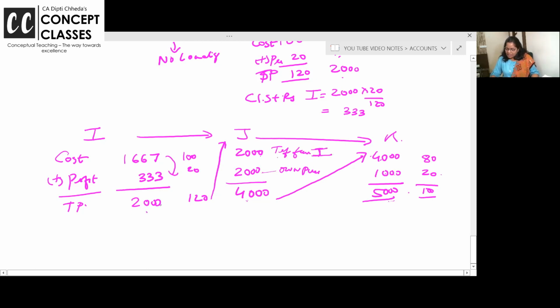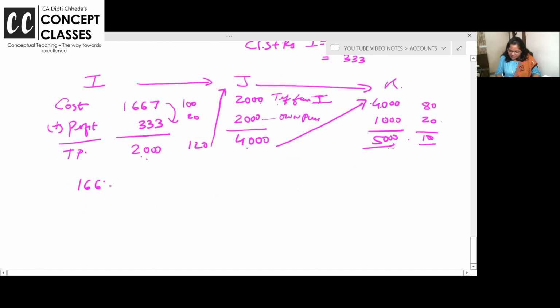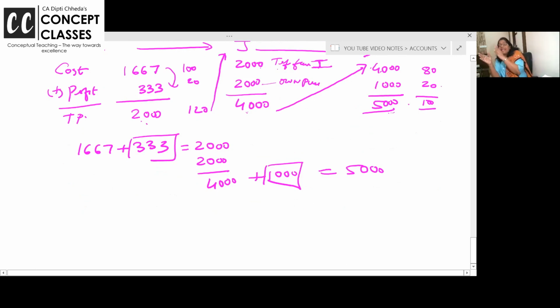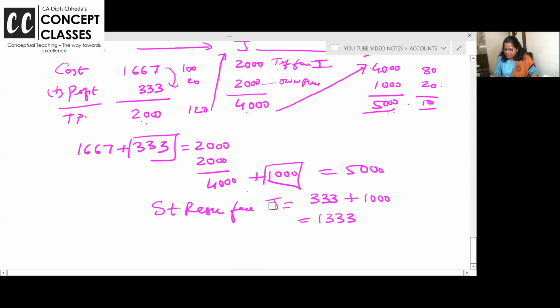Now I says in 2000 my loading is. So I says 1667 goods went, adding 333 loading makes 2000, and 2000 of its own added makes 4000, then adding 1000 loading it has gone. So how much is the loading in closing stock? 1000 for J and 333. So what is the stock reserve for K? 333 plus 1000, 1333. K's closing stock is 5000.